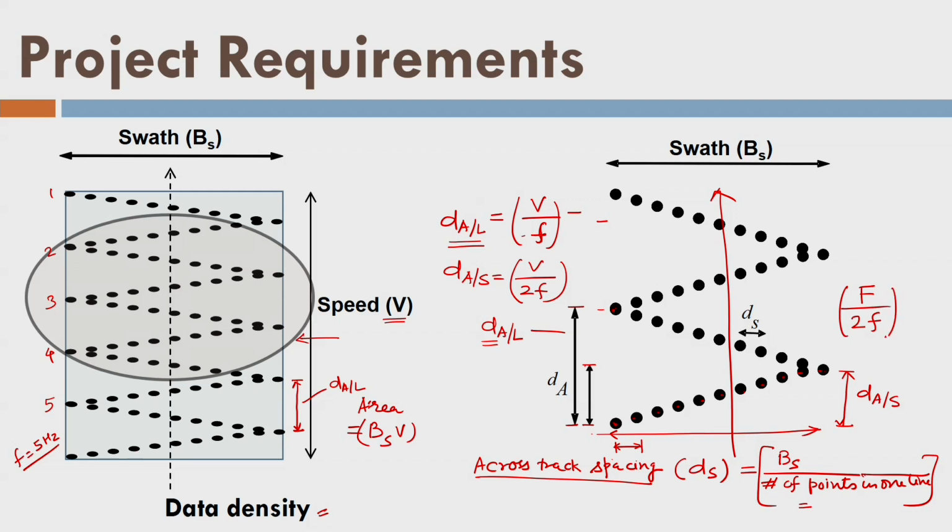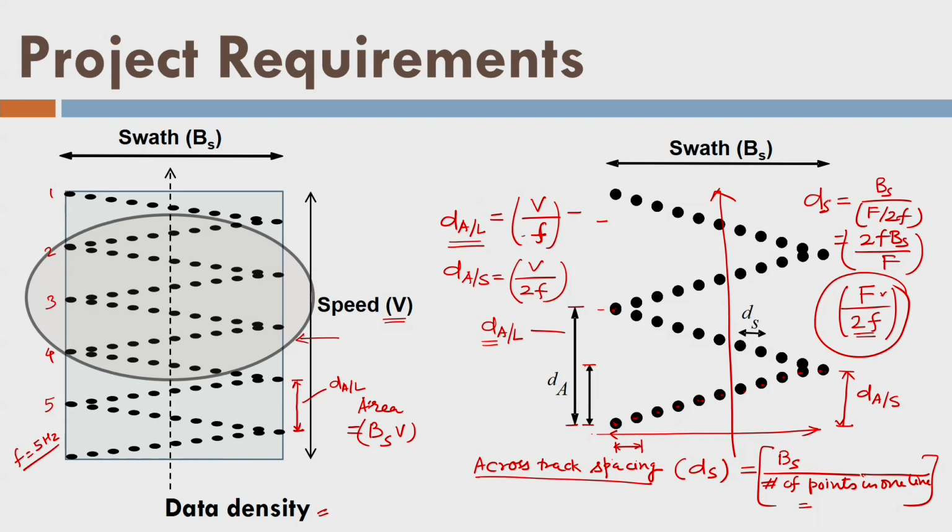So if we divide f by 2F, I will come to know the number of points in one line, right, because there are 2F number of lines and these lines contain a total of f number of data. So now the number of data per line is this much. So ds is given by Bs upon f by 2F, or I can write it as 2F Bs upon capital F. This is my ds, the average spacing in the across track direction.